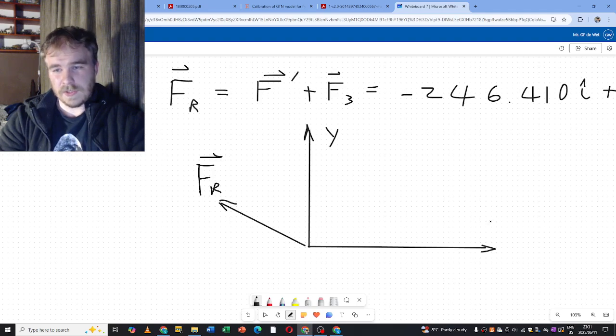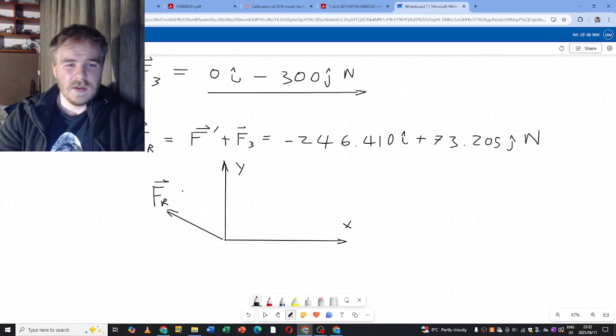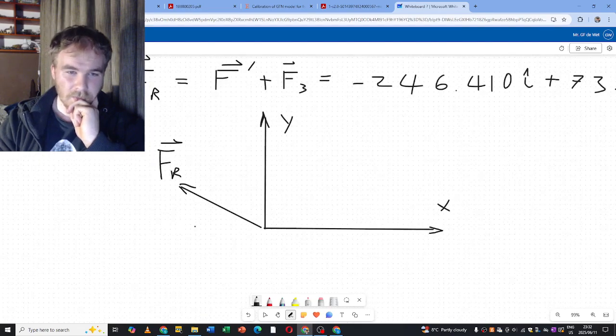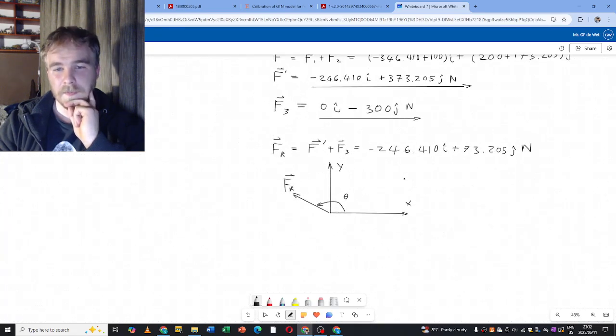This is the y-axis, this is the x-axis. FR should be somewhere over here, because it's a lot in the negative x direction and somewhat in the positive y direction. And we want to specify its magnitude as well as the angle. Let's call that angle theta.